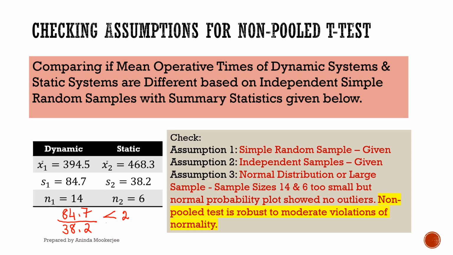If not, we will have to use the non-pooled test. So 84.7 divided by 38.2 is greater than 2. If you do the division, you'll find that it is greater than 2, and that's why they are not close enough to use the pool test. We will have to use the non-pool test. That's the way we figure out which test we should be using.